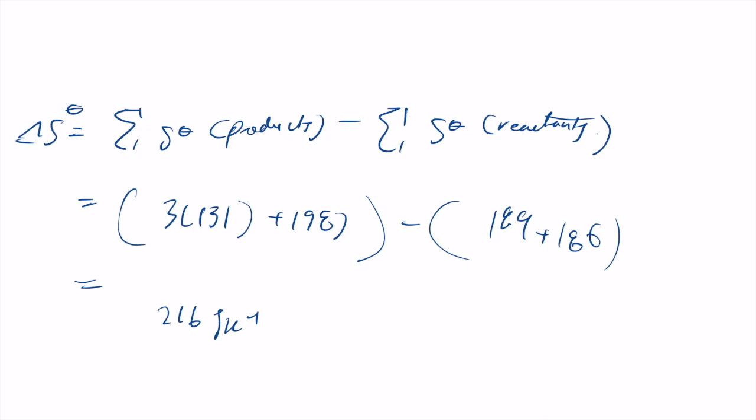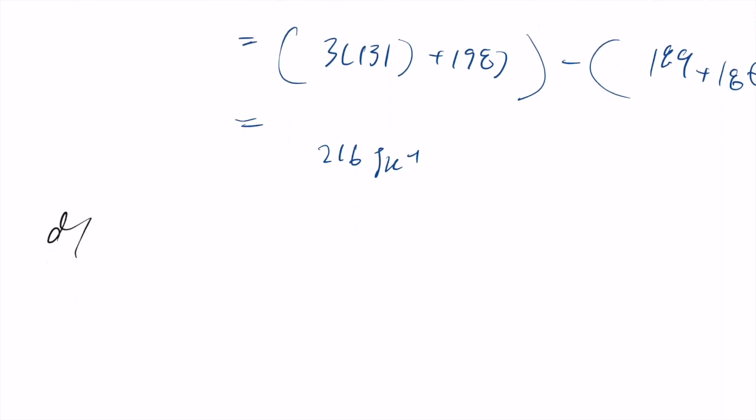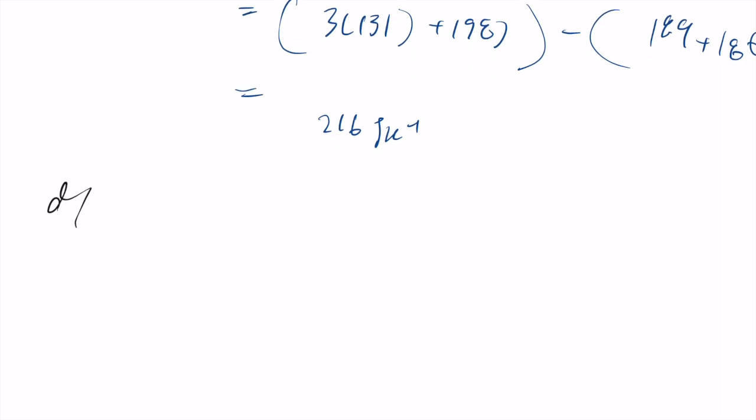Just trying to see which question I have to do next. Okay, got 216. So for D, calculate the standard free energy change, delta G, in kJ for the reaction at 298 K using your answer to B2. So now we're relating delta G to delta H. What is the relationship for this? Well, look at your data booklet.